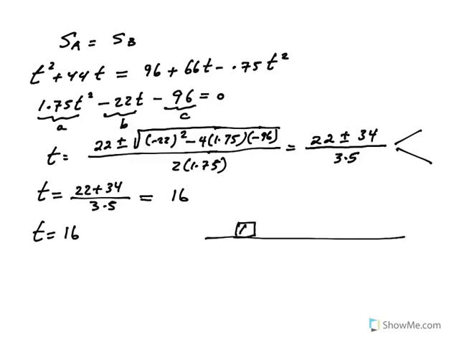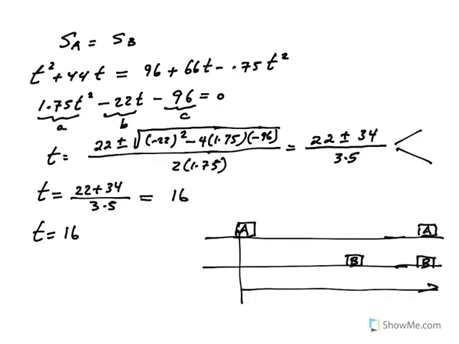So this is car A. Remember, this is car B. But at some point, car A and car B are going to be at the same position. And we can actually calculate that position. It doesn't matter, you could use either SA or SB. So SA, which is equal to SB, equals, let's just use t squared plus 44t.